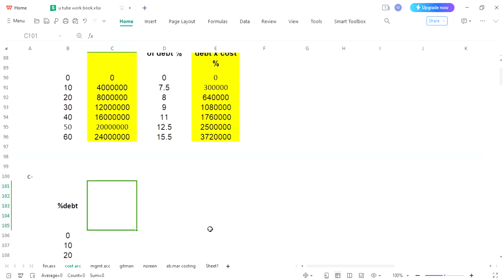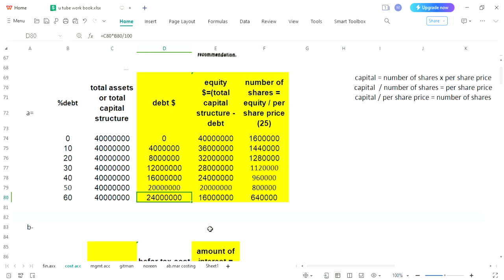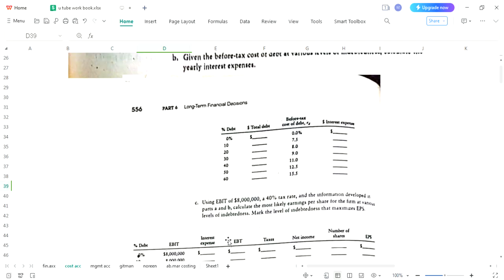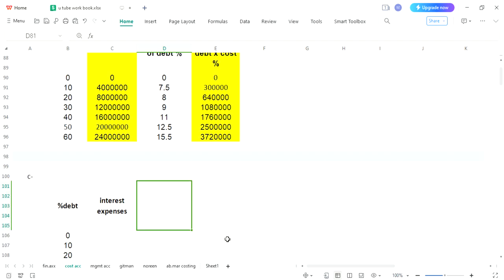Write down interest expenses. Then we have our third column, and that is earning before tax. Let's write down earning before tax, and it would be called EBT, earning before tax. Okay, this is our third column.